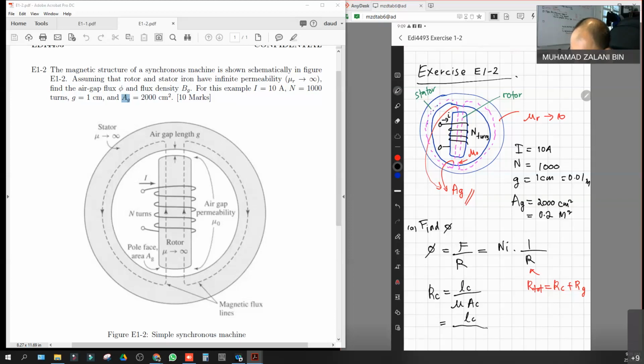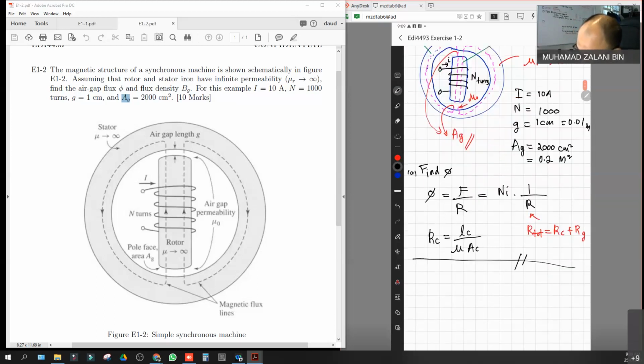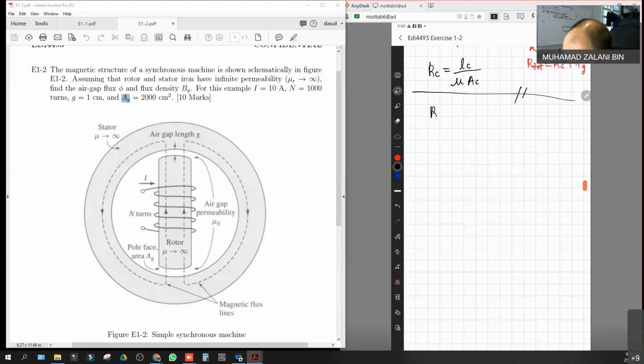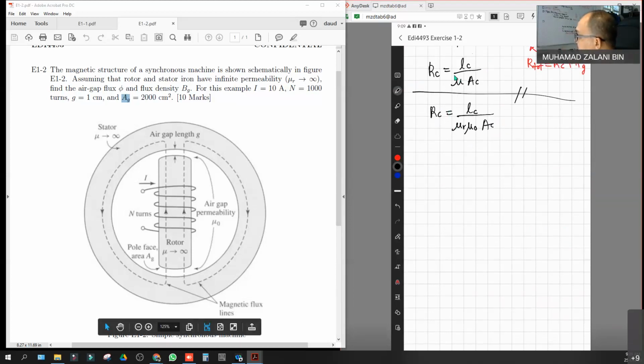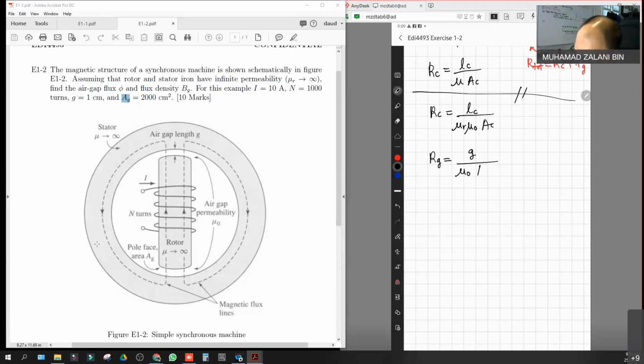So RC becomes LC divided by mu R mu naught AC, where this mu is the core's permeability. How about RG? It is G divided by mu naught AG.